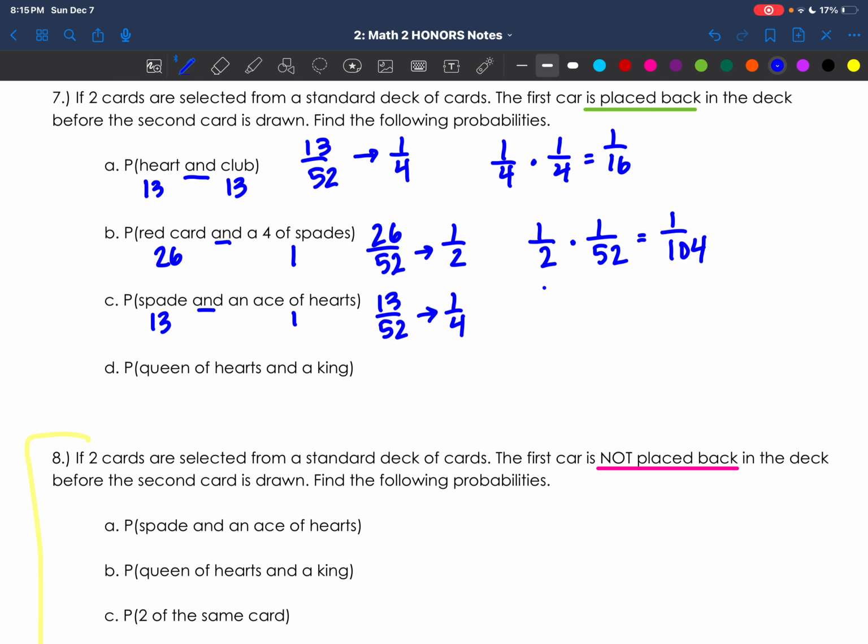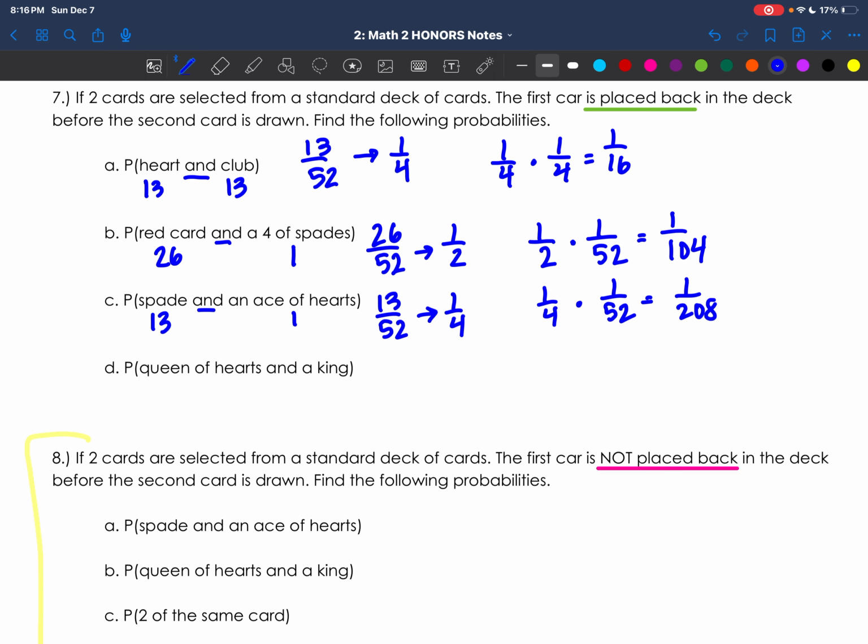So I'm going to do 1/4 times 1 over 52, which will give you 1 over 208. So you can keep the big numbers, or if you already know, hey, I've got 4 groups, or this is 1/4 of the total set, you can use either, it doesn't matter.